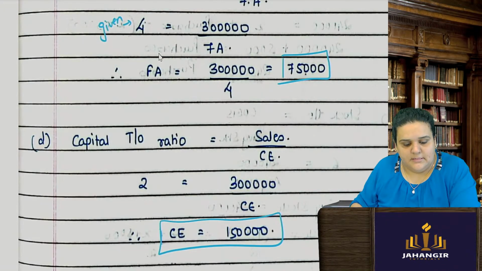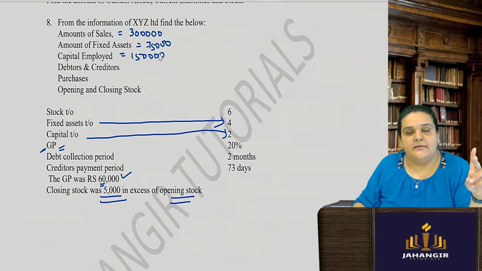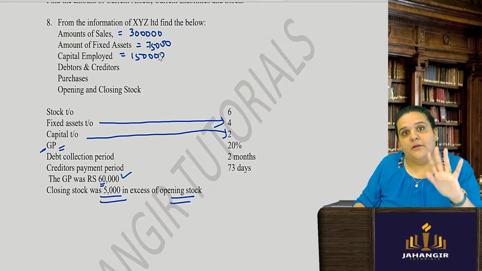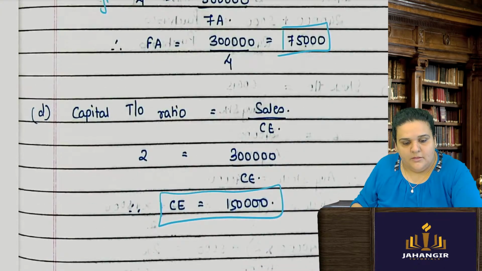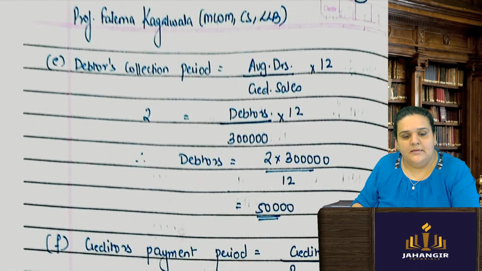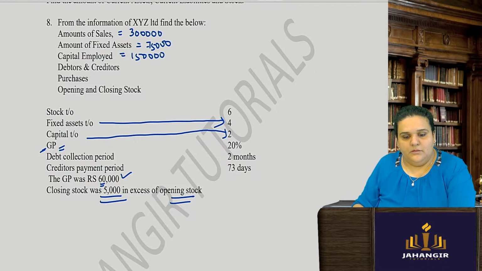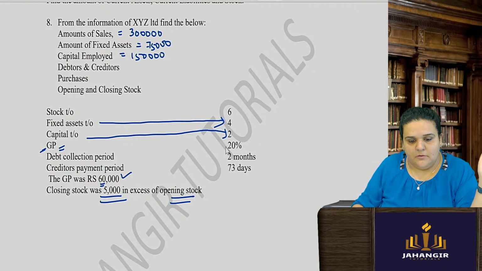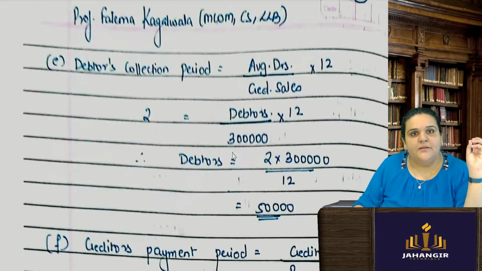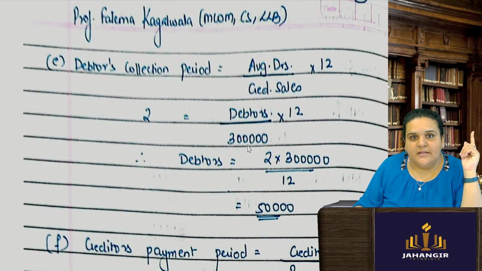Right? All this 3 is done. I have to now find debtors, creditors, purchases, opening and closing stock. So for debtors, they have given the collection period ratio. That is 2 months. So debtors collection period formula is average debtors upon credit sales. Since they have given it in 2 months, I have multiplied that by 12.